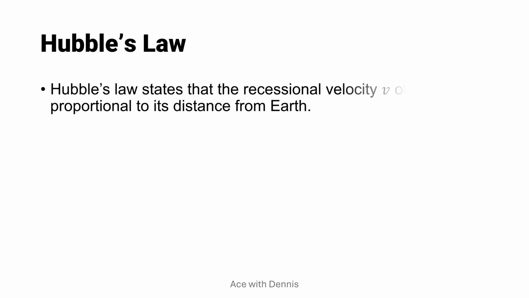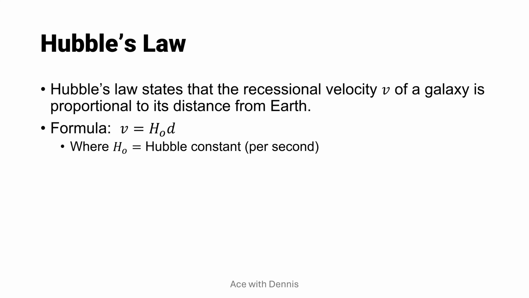Hubble's law. Hubble's law states that the recessional velocity v of a galaxy is proportional to its distance from the Earth. So here's the formula based on the definition. V equals H0 D, where H0 is the Hubble constant in the unit of per second, which is 2.3 times 10 to the power of negative 18 per second.